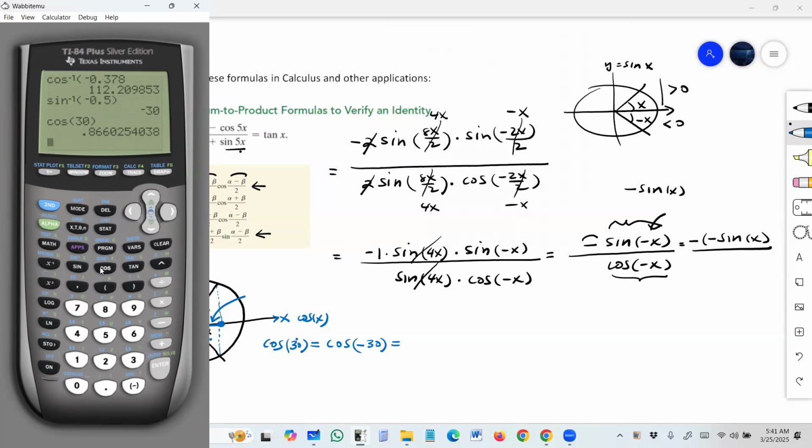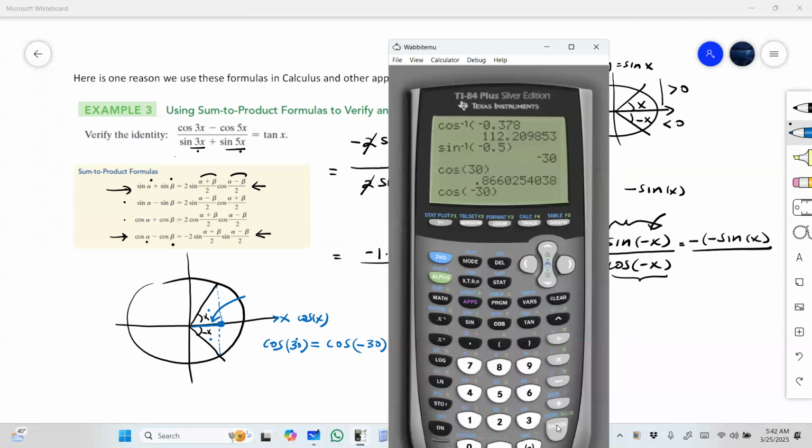Now let's do cosine of minus 30 degrees. And this answer should be exactly the same. And there you go, you can see that it's the exact same value, 0.8660.